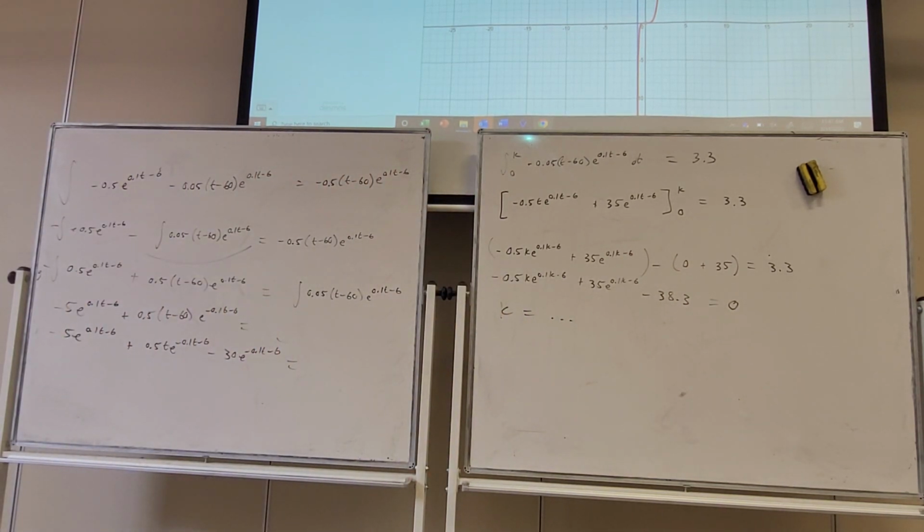So it can take a little bit of time to type it out and so forth, can't it? So let's see. Minus 0.5 x e to the 0.1 x take 6 plus 35 e to the 0.1 x take 6 take 38.3.